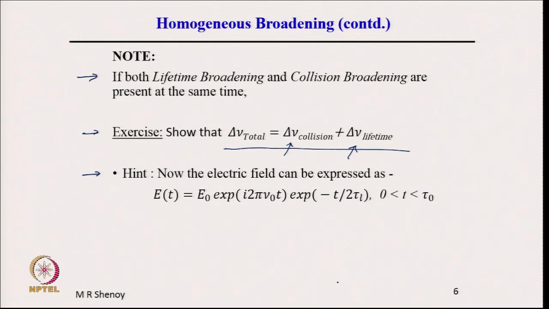The starting point would be, the electric field is a pure harmonic, that is a sinusoidal wave, but now multiplied by a damping term, an exponential decay due to the finite lifetime, and due to collisions there is a range of time over which it is sinusoidal.